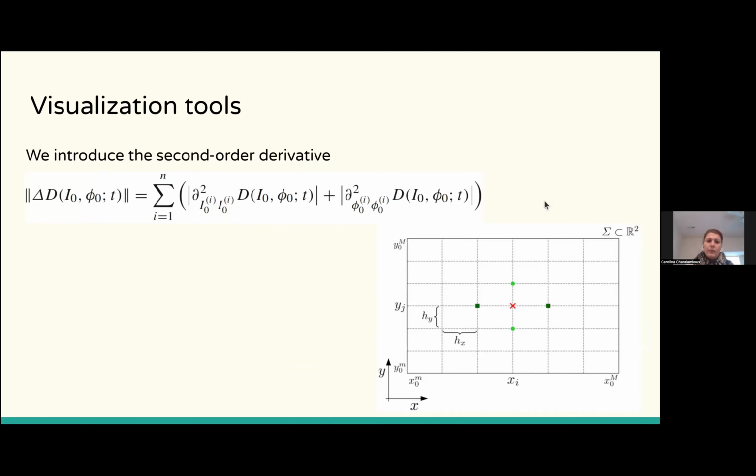So what we did was to introduce the second-order derivative of this D metric given by this quantity right here, and we computed the derivatives using central differences. And so in our grid, we will compute this value here, for example, in a red cross, by having the values of the points on the side and the points on top and in the bottom.